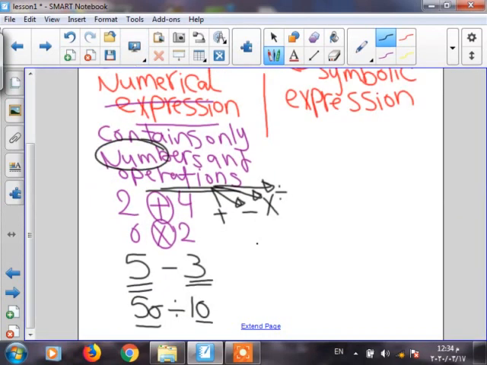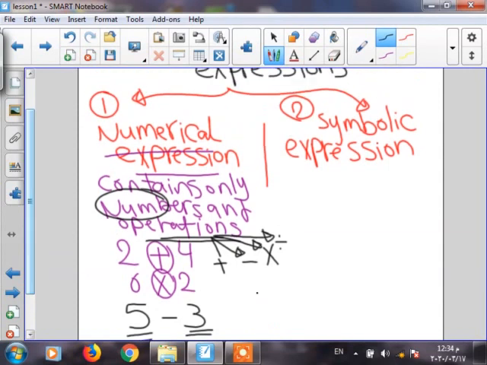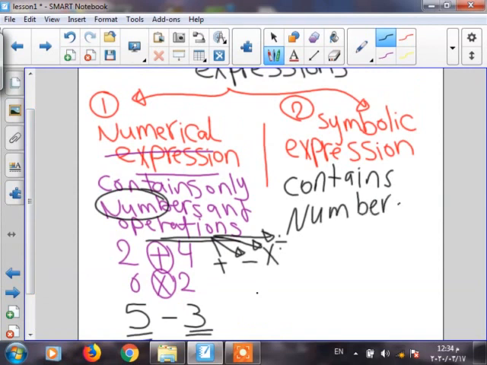And the next one, I have here a simple expression. Like what? It contains numbers, symbol, and operation.